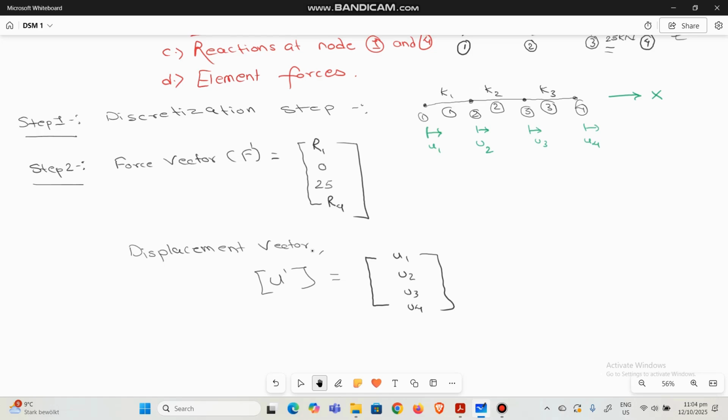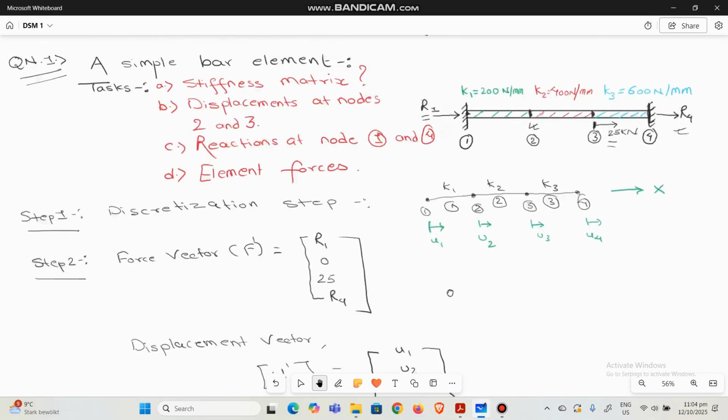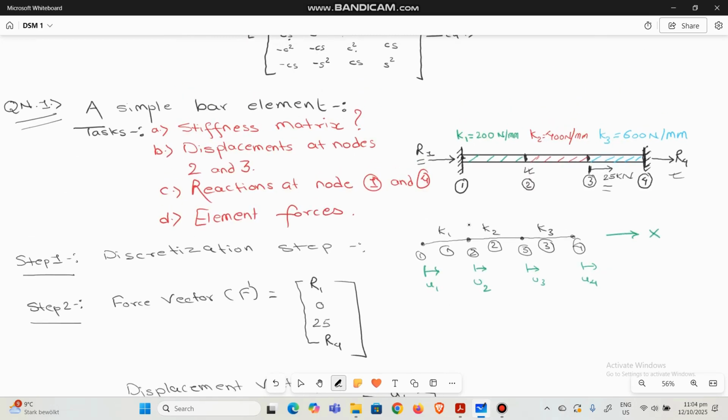Now similarly, we have our boundary conditions as well. So what are the boundary conditions? The boundary conditions are basically what is given to you or what you know from the figure. For example, in this example, here we have the fixed support, so this node is moving nowhere, so u1 will be 0.